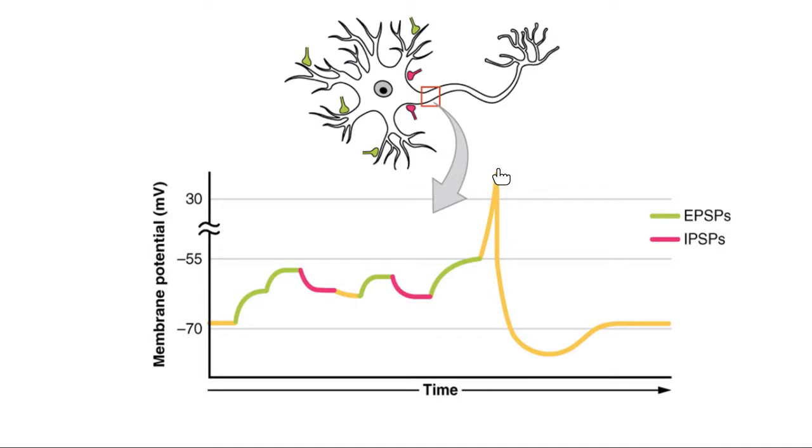So when neurons listen to more than one message, they're trying to get to threshold. One message opened up some sodium channels and helped them get a little more positive, and another message made them a little more positive, but then they receive a negative message that makes them more negative.